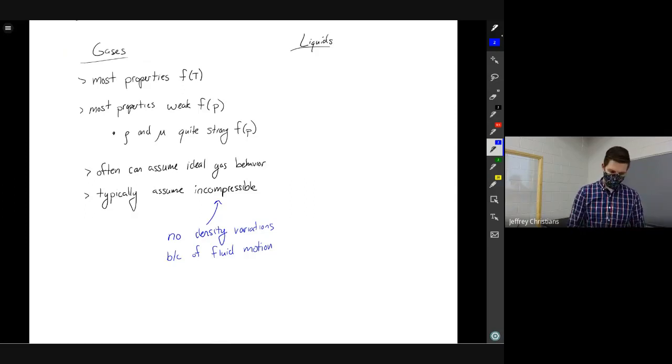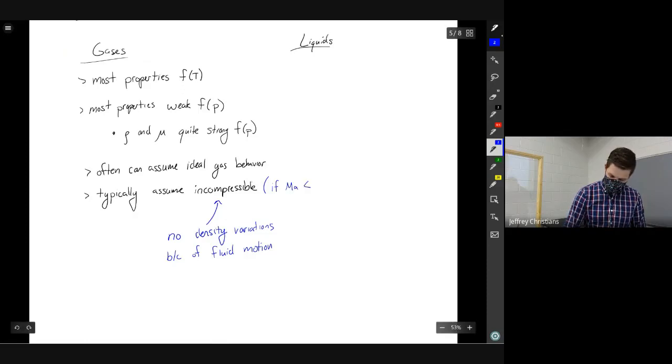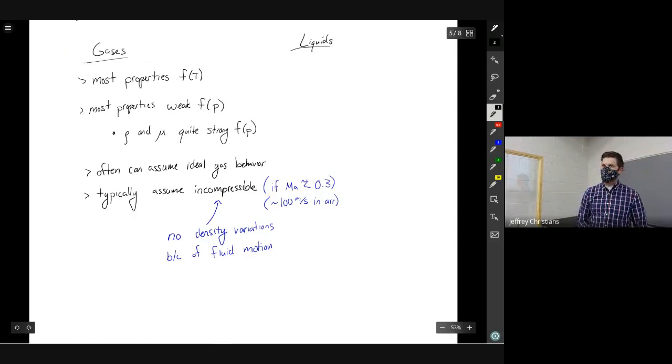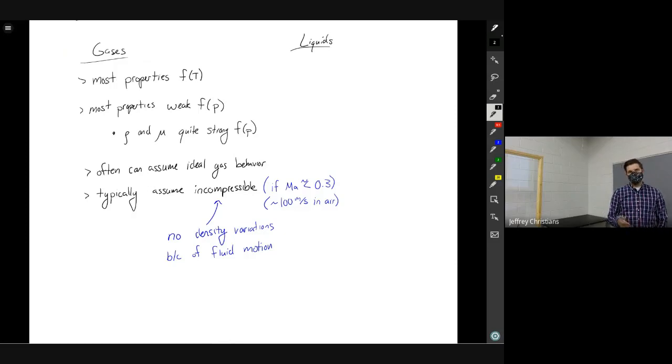This works if the Mach number is less than about 0.3. The Mach number is relative to the speed of sound. So this is about 100 meters per second in air. In this class we're not going to be doing things with really fast velocities. 100 meters per second is like 250-ish miles per hour.